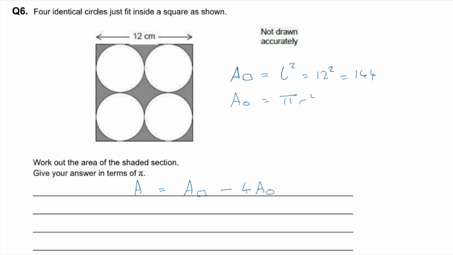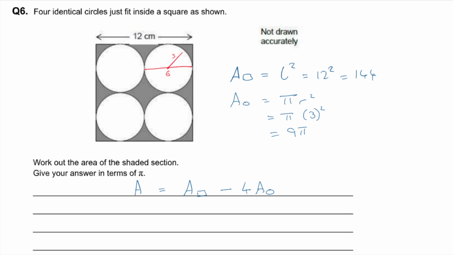You can see it's 12 centimeters all the way across, so that's the same as 2 circles. So 1 circle must be half of that, 6. And the radius is half of that, 3. So the area of 1 circle is pi times 3 squared. 3 squared is 9, so that's 9 pi.